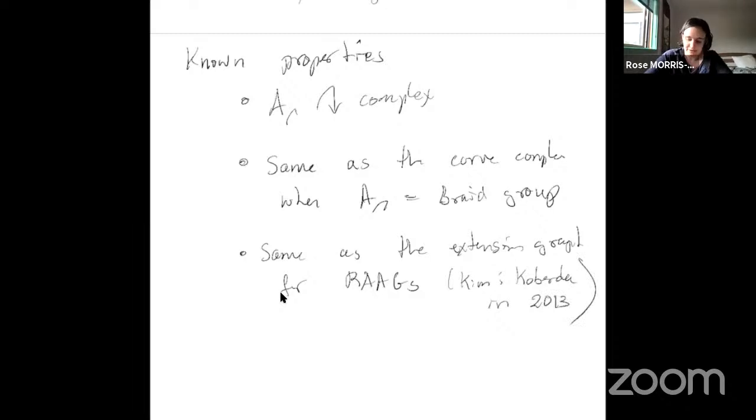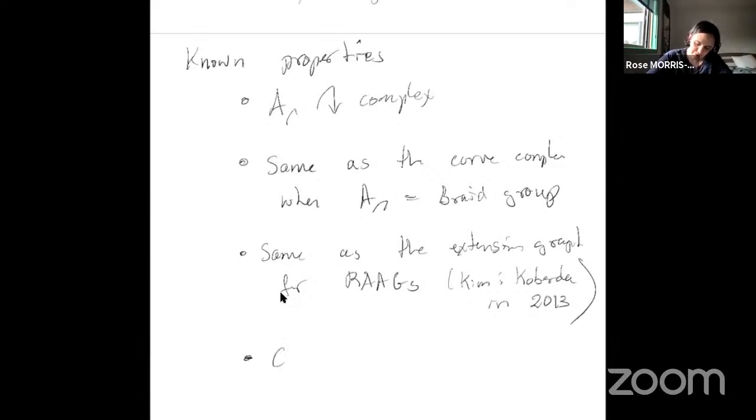And even after they came along, there are also curve graph analogs just for CAT(0) cubical groups in general that are known to be related to this extension graph idea. So this is the complex that we're constructing. We're generalizing two different things that are known to be the right thing in both of these categories.